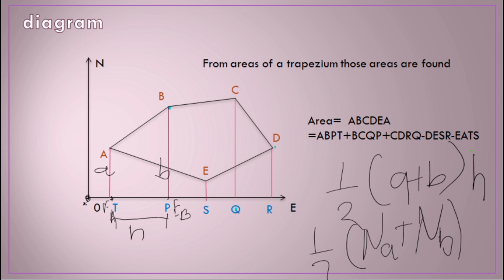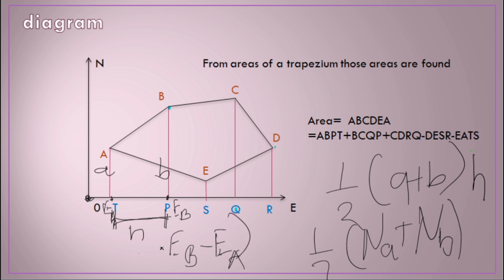The distance from here to here is the easting of A, and from here to here is the easting of B. In order for us to find the difference between those two, our H will be the easting of B, the one that is greater, minus the easting of A, the one that is lesser.